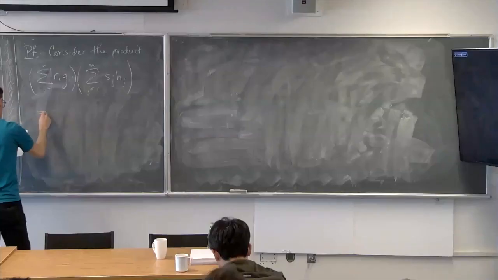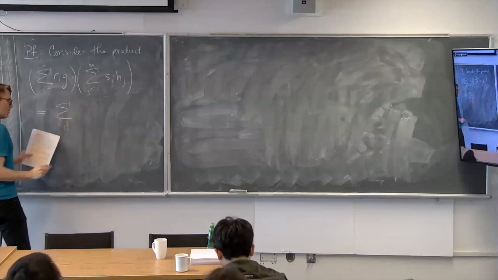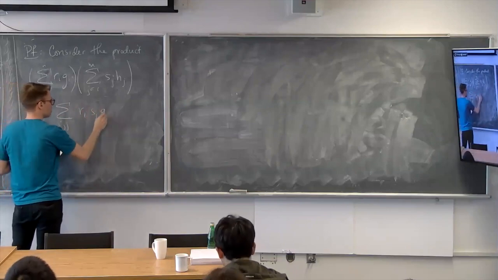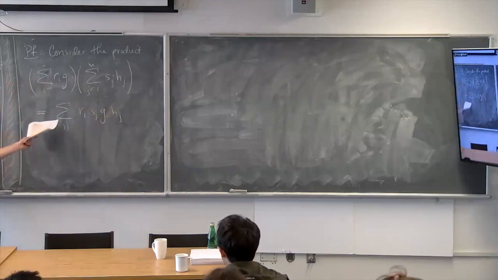This is going to be equal to, and I won't bother being too careful with the indices, some sum of r_i s_j g_i h_j. Multiply like polynomials and you get something like this.